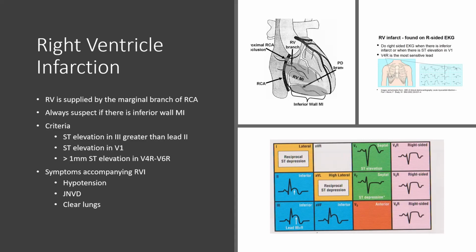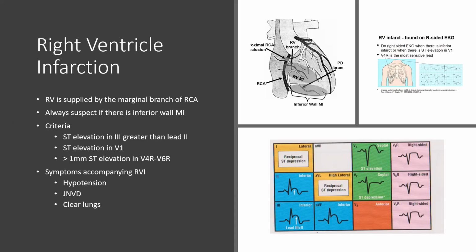Usually when you have jugular vein distension, don't you think that the patient is in congestive heart failure and therefore you might hear crackles? But in a patient with right ventricular infarction, you have hypotension, jugular vein distension, but no rales. In other words, the breath sounds are clear. The reason is that the right ventricle may lose its ability to pump blood into the pulmonary circuit, and therefore it causes this triad of symptoms.